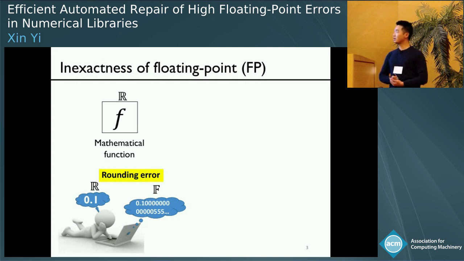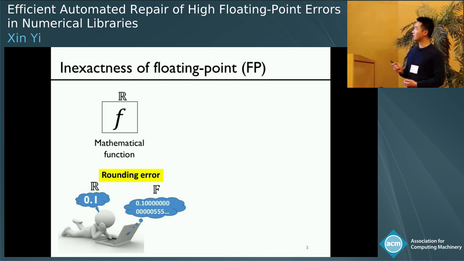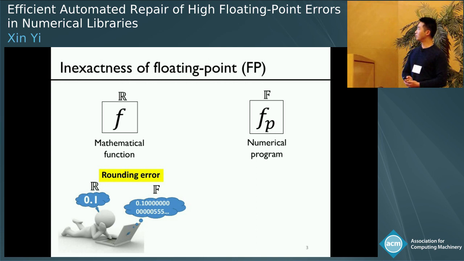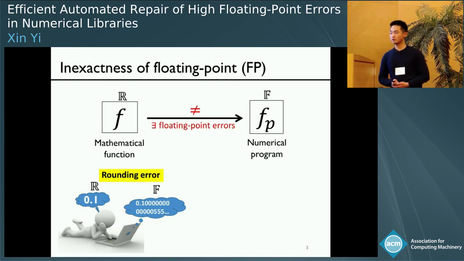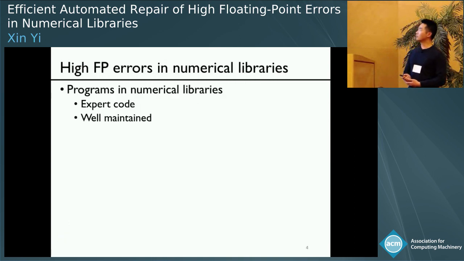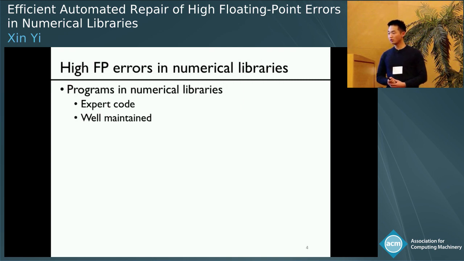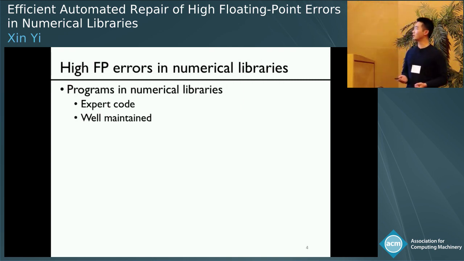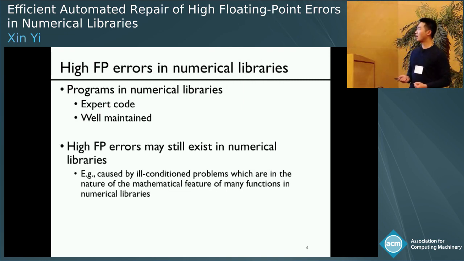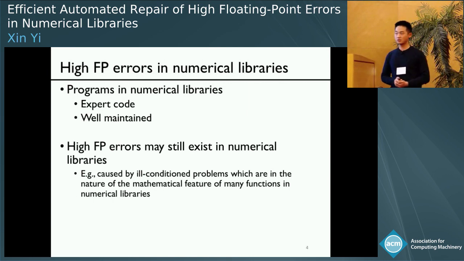So, between a mathematical function and its corresponding numerical program, there exist floating point errors. Programs in numerical libraries should be written by experts and well maintained, which means they should be good implementations. However, high floating point errors may still exist in numerical libraries.